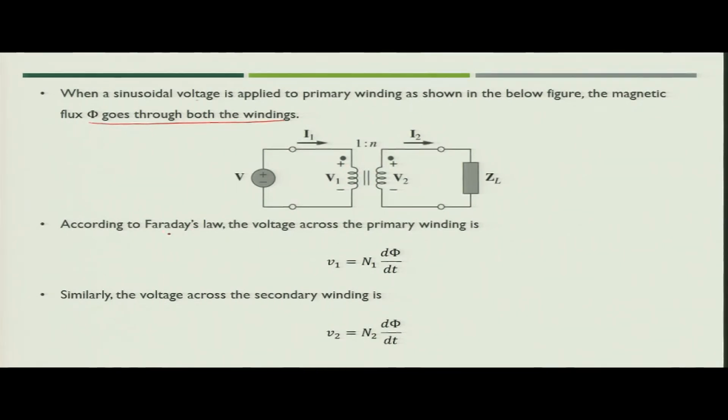So, you can simply apply the Faraday's law to find out the voltages V1 and V2 when you apply voltage in the primary coil. So, what will happen? You can say V1, that is induced voltage, equal to N1 d phi by dt, because this flux phi is linking both of the windings. So, V1 will become now N1 into d phi by dt, and induced voltage in secondary coil V2 will be N2 into d phi by dt.